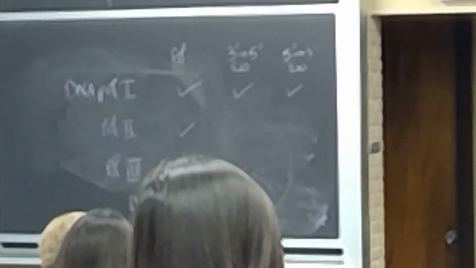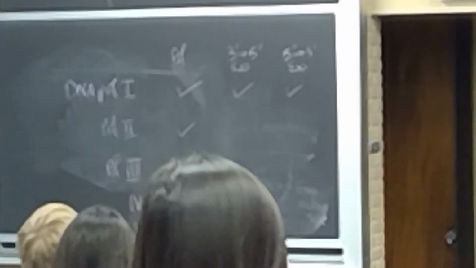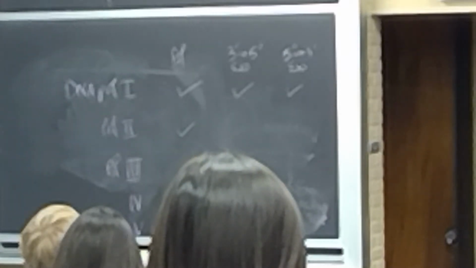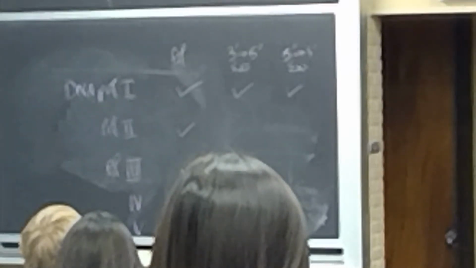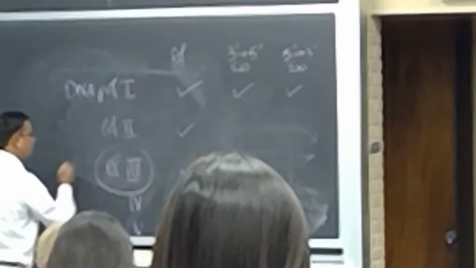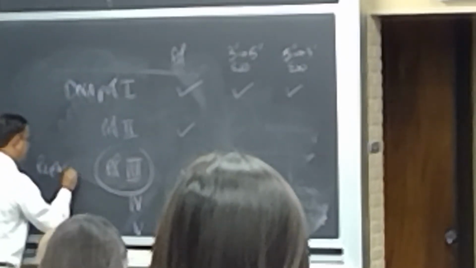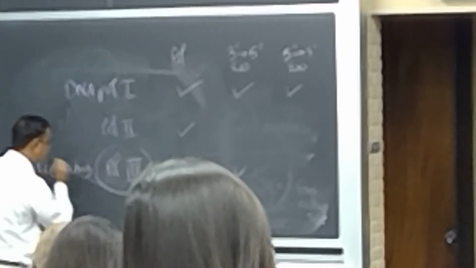Okay. So we already understand that Pol 1, discovered by Arthur Kornberg, he actually thought was the real replicating DNA polymerase in bacteria. But later on it was realized that not Pol 1, Pol 3 is the major replicating enzyme.